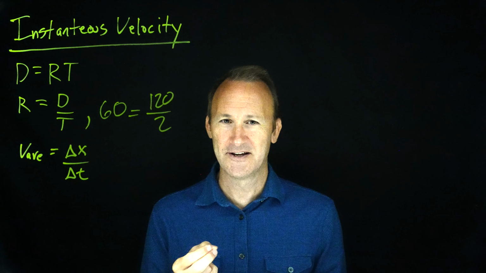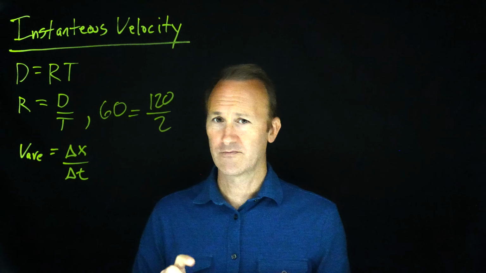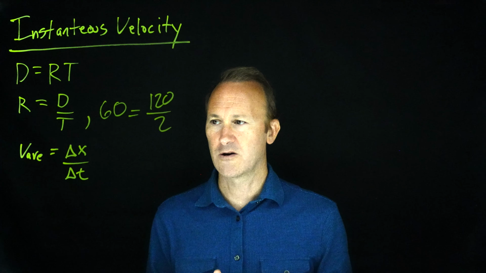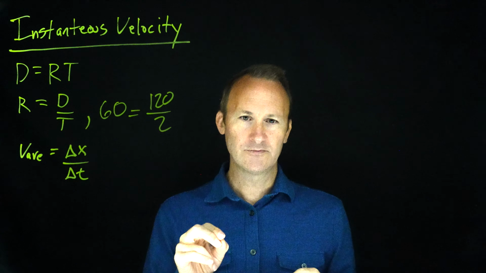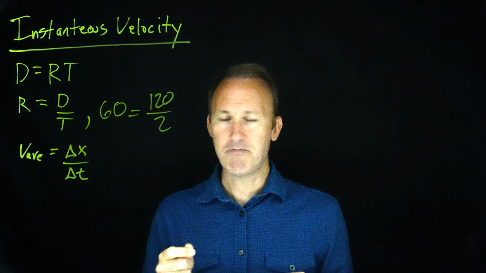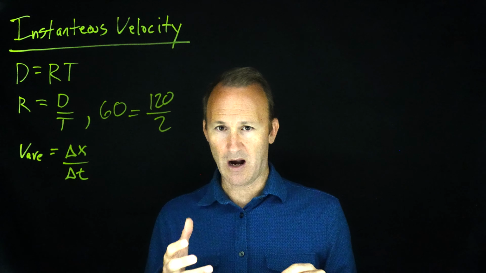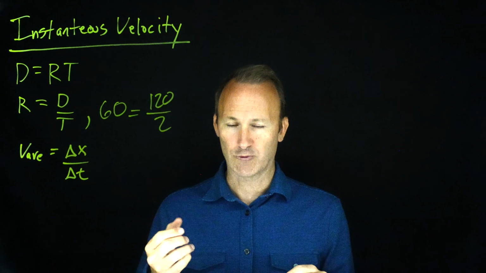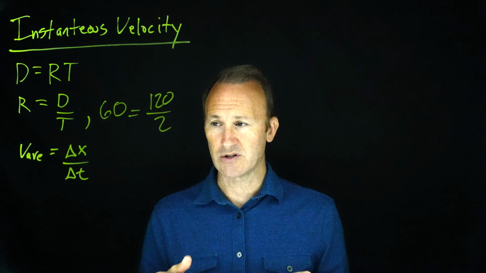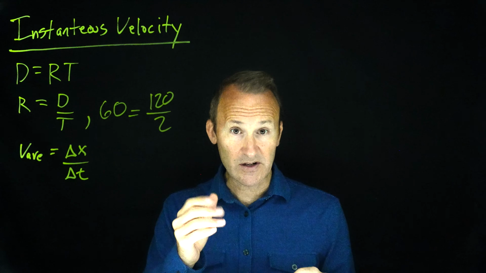Instantaneous velocity is more, you could say, recent. So Zeno argued that it's impossible because an object must be either at rest or in motion, and at a given instant.